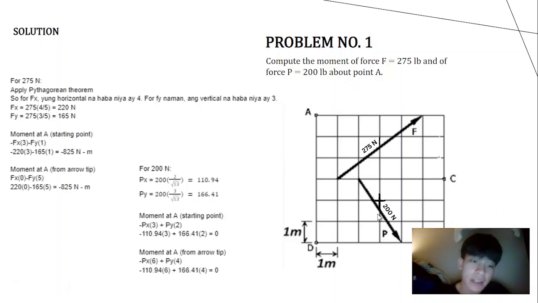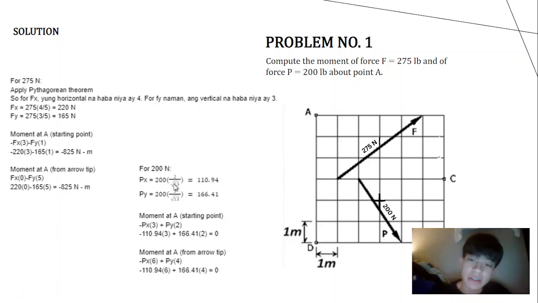So, for 200 naman, ang gagawin natin, same lang din. So, Px is equals to 200 times 2 over square root of 13. So, nakuha natin yung square root of 13 dahil sa paggamit natin ng Pythagorean theorem, which is yung square root of 2 squared plus 3 squared, so magiging square root of 13 siya.